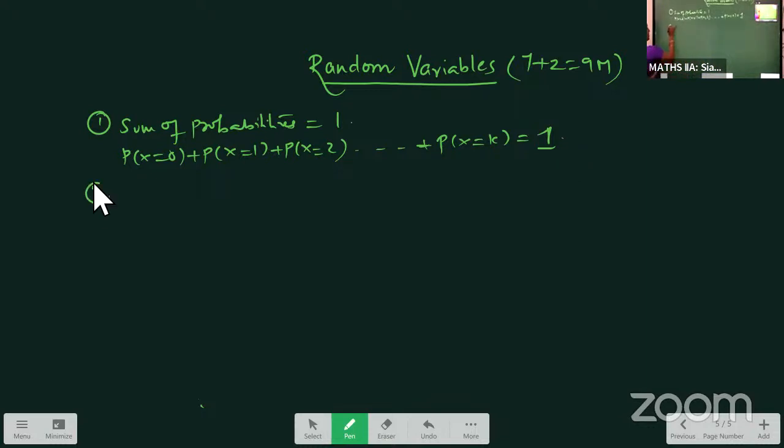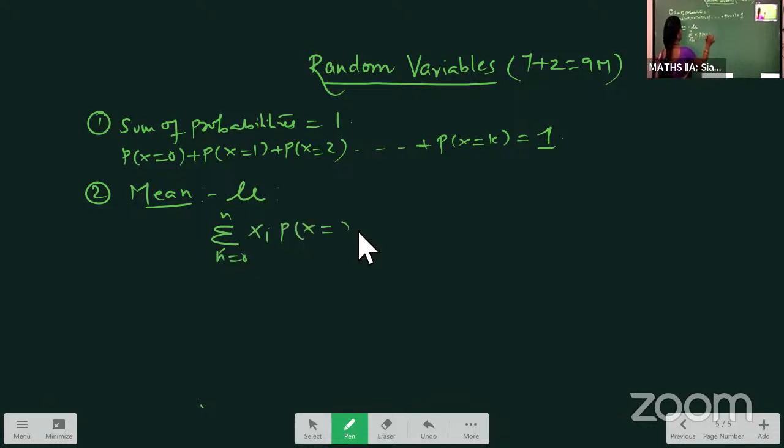Next, we should find the mean. What is the mean formula? Generally, mean is represented with mu. Here, sigma, k is equal to 0 to n, xi into P of x is equal to xi. And next, the third one is variance. The variance formula is represented with rho.